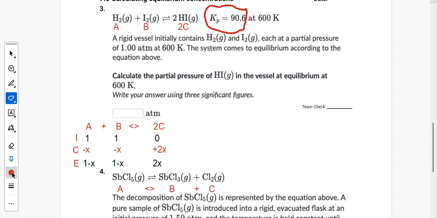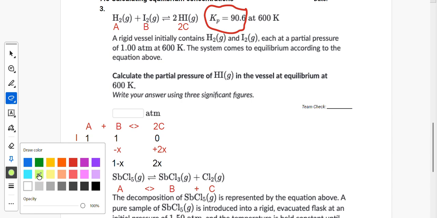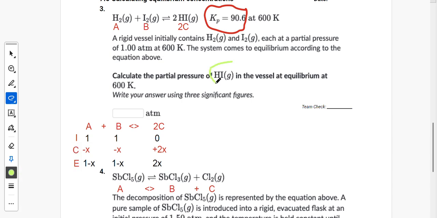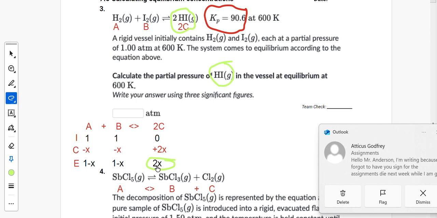I'll switch over to green just to highlight. They're asking us to find HI. So if I come down to equilibrium, this one right there is what I'm being asked to find.